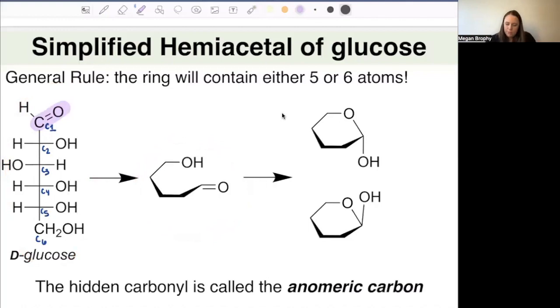We're just drawing a new perspective. So we have our carbonyl carbon, C1, and then we keep going down and around for numbering. C2, C3, C4, and now here we are at C5. So in this image, C6 is not shown.